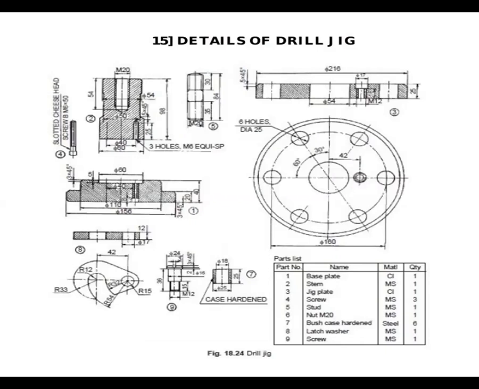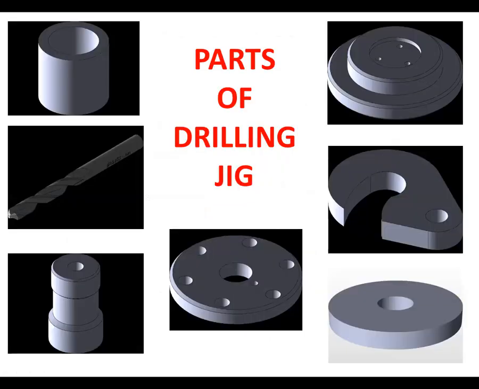See, you have to draw such type of detail 2D or cut section diagrams, and you have to mention the part list. Okay, see in this part we'll see base plate, drill.